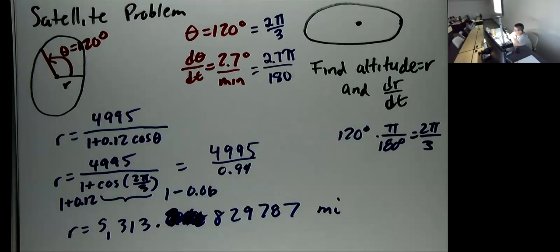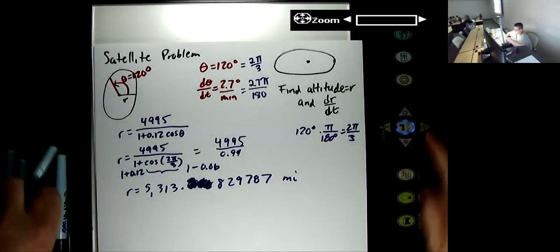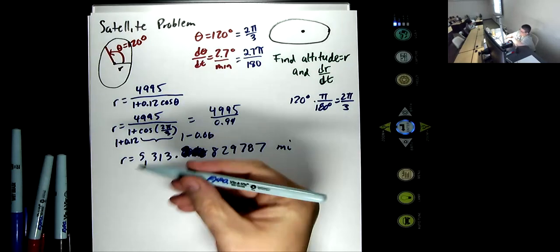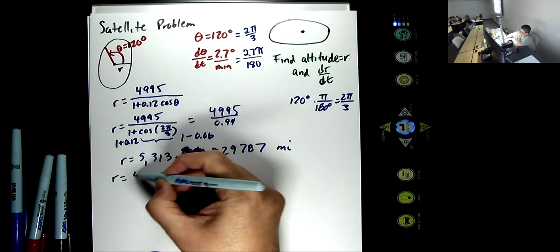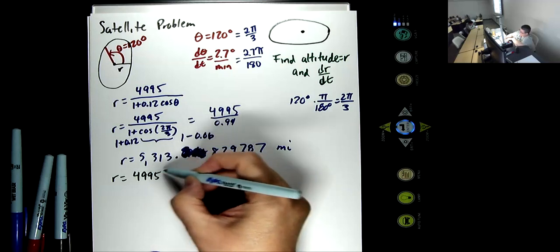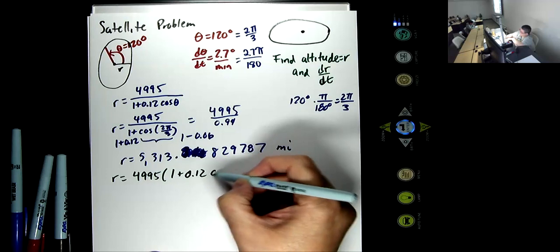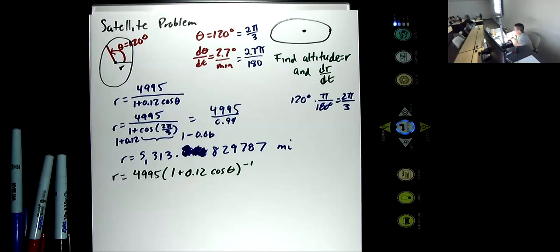All right, then they want dr/dt. So I'm going to write R like this first, because I hate doing quotient rule when there's just one thing on bottom. This is easier as a product, or not even a product, just a chain rule.